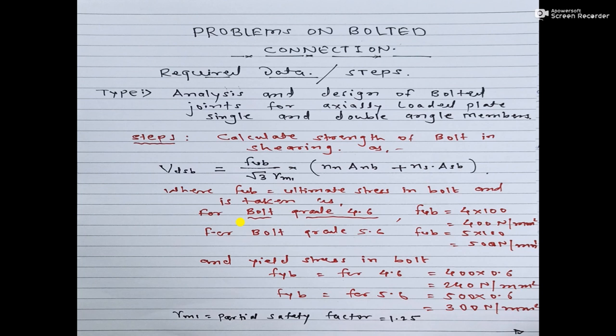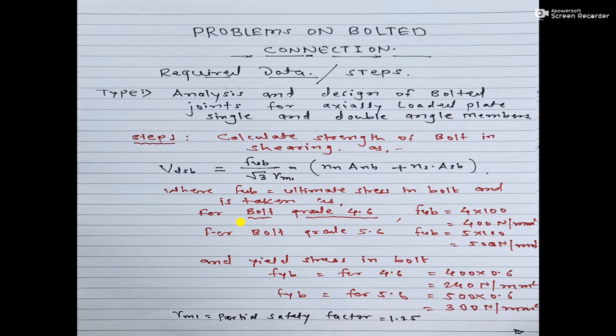Similarly, suppose in the problem we are given a bolt grade of 5.6. Then FUB is 5 into 100, that is 500 Newton per mm square, the stress for a bolt grade of 5.6. Similarly, the yield stress in bolt is calculated from the number after the decimal point, that is 0.6. That 0.6 is considered to calculate the yield stress, that is FYB, F for stress, Y yield, B for bolt.